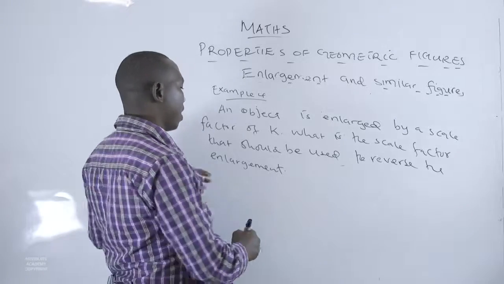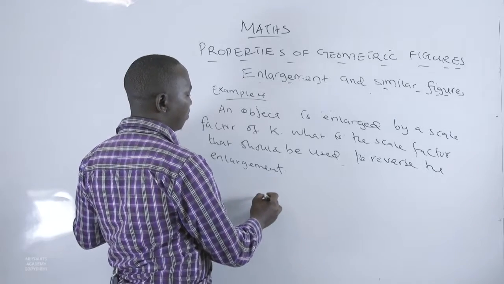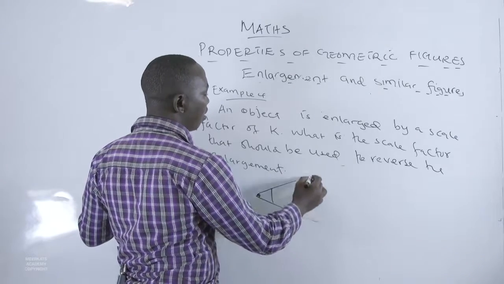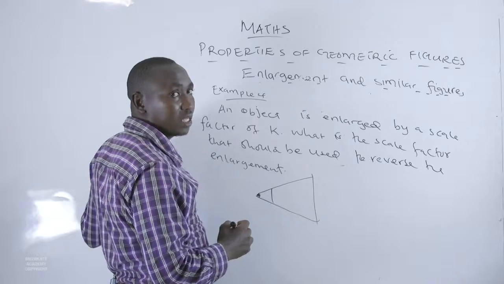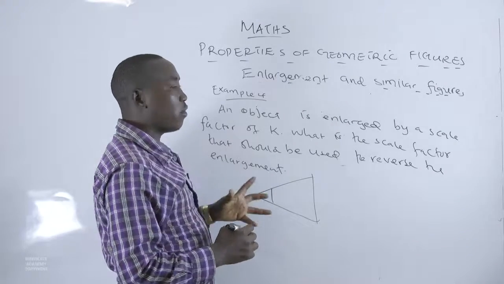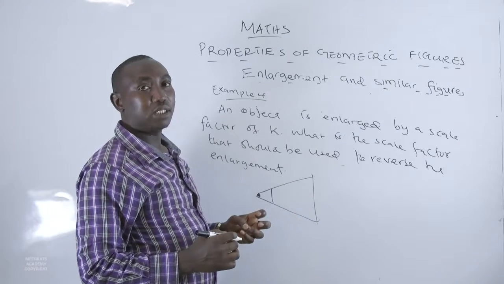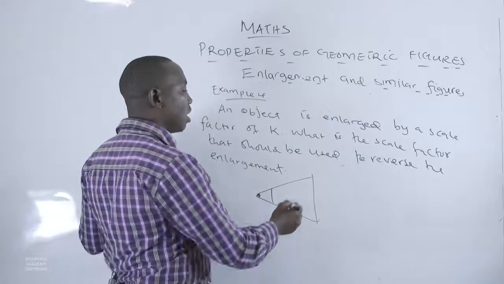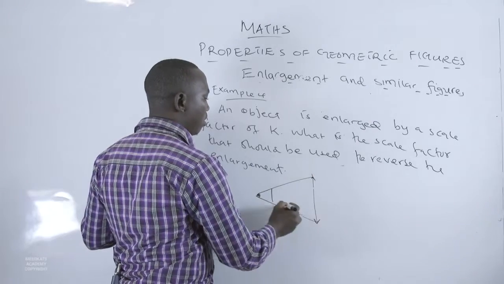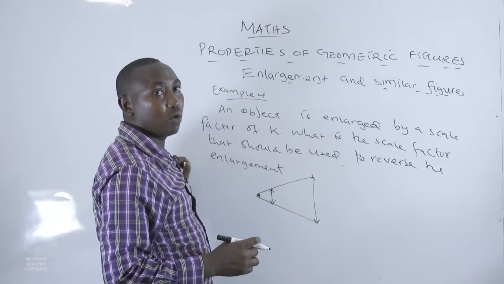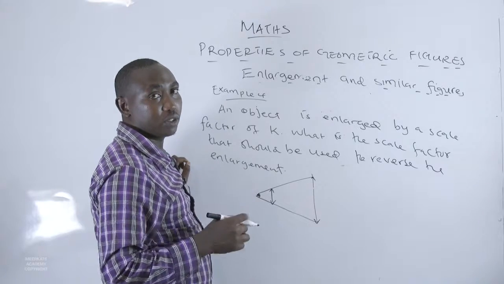So we are told that when you have an object and we use a scale factor of k, we enlarge it. So the question is, what if we want to reverse so that we still end up with the original object? What scale factor should we use?